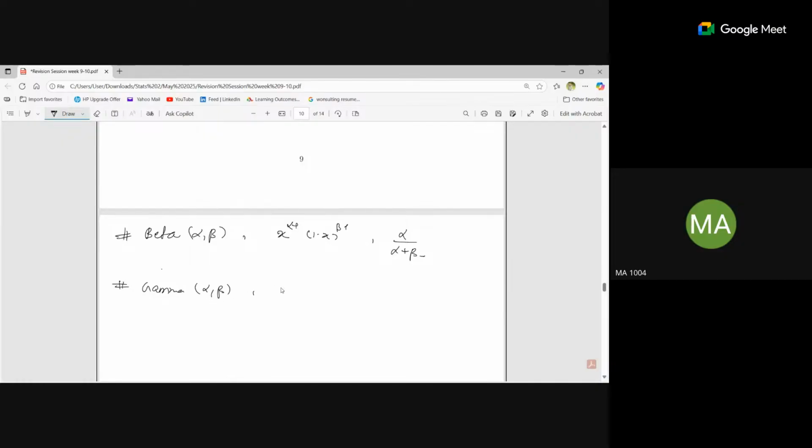The PDF is x raised to the power alpha minus 1 into e to the power minus beta x, and the mean is alpha by beta. So these are the two most important PDFs that you have to remember, because these values will be coming up as the beta distribution or the gamma distribution.